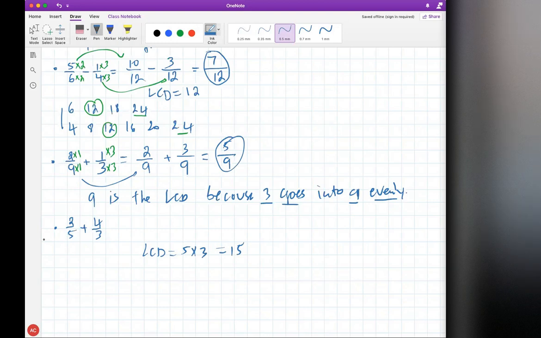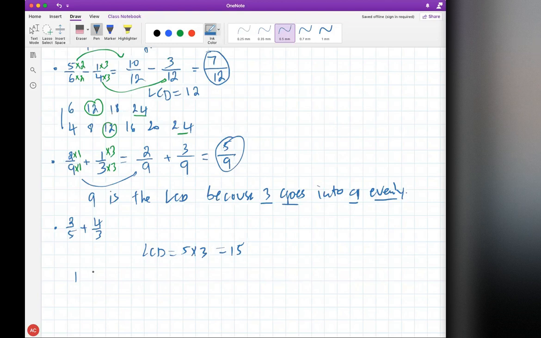What is a prime number again from last time? A number that can be divided by 1 and itself. In other words, a number that you can't break down. You can't break down the 5, you can't break down the 3. That's how you know your LCD is. Just multiply those right away. You can still do the multiples, but you can save all this simply by multiplying.